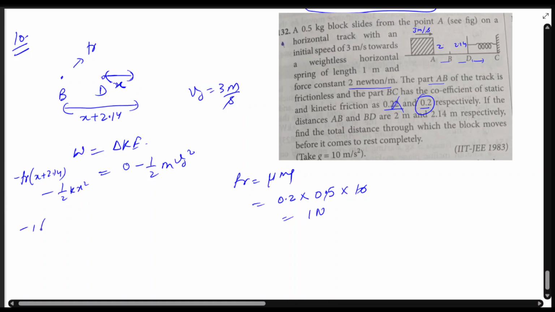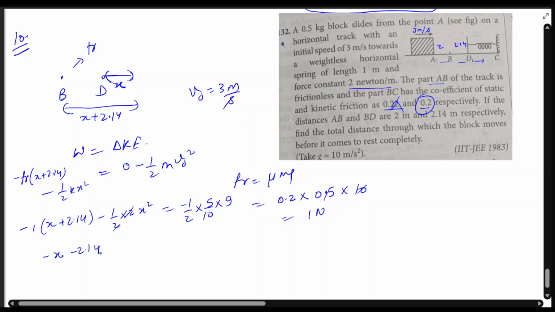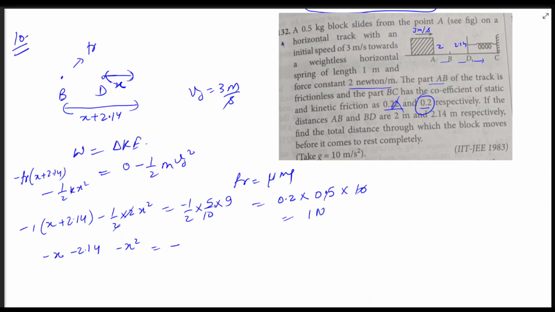So we have minus 1 into x plus 2.14 minus half k, k is 2, x square equals minus half, mass is 5 by 10, which is 0.5, into v naught square, which is 9, right? Perfect. So this 2 will get cancelled. We'll have minus x minus 2.14 minus x square equals minus 9 by 4.